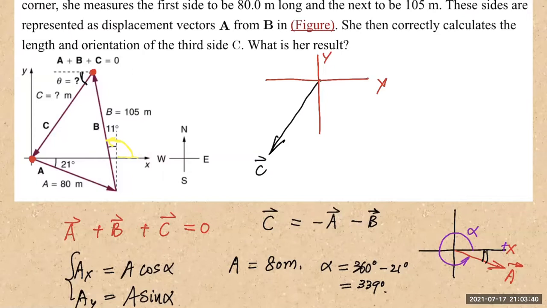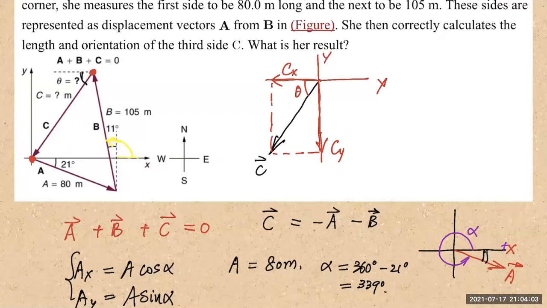Okay, but as far as this angle is concerned, how would you find this angle? Well, if you take the vector C and break it down to X, Y components, this would be Cx and this would be Cy. Okay, so you have Cy, you have Cx, right? And this angle theta, according to the diagram, is the angle we're talking about.